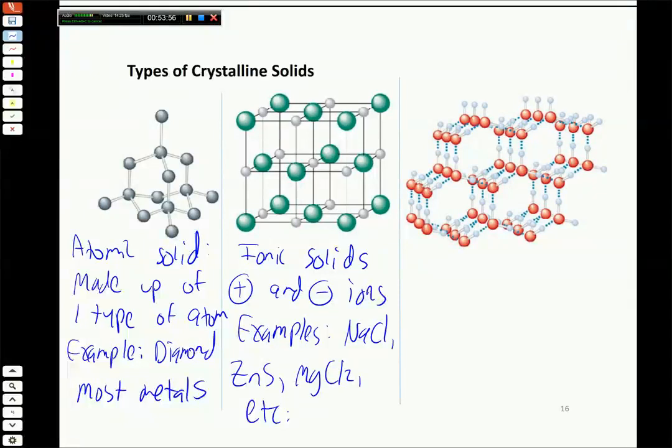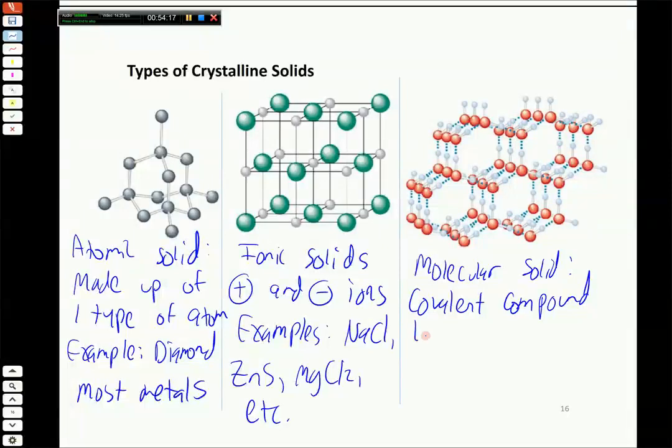And then finally the last type of solid is called a molecular solid. And so a molecular solid is a covalent compound. So atomic solids are typically always elements, ionic solids are ionic compounds, and a molecular solid is a covalent compound where the lattice points are molecules that make up that compound.